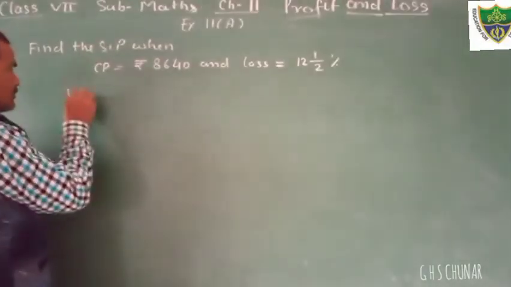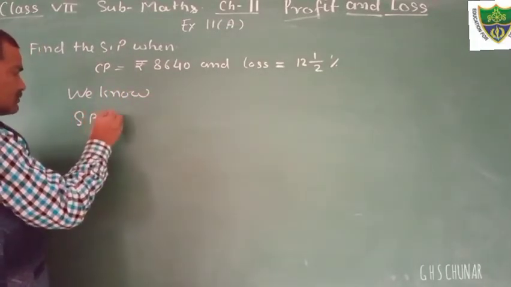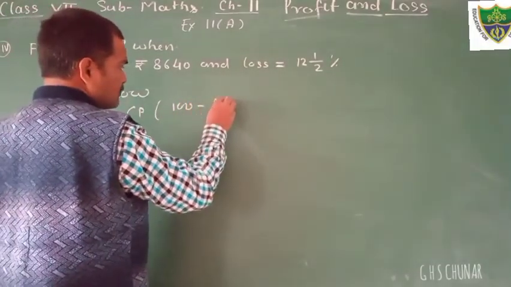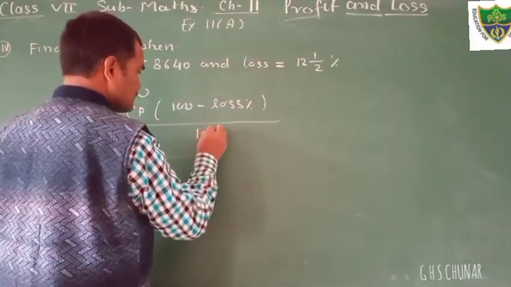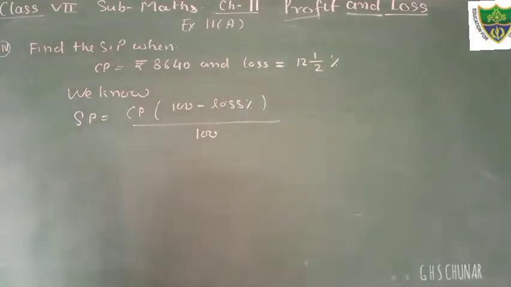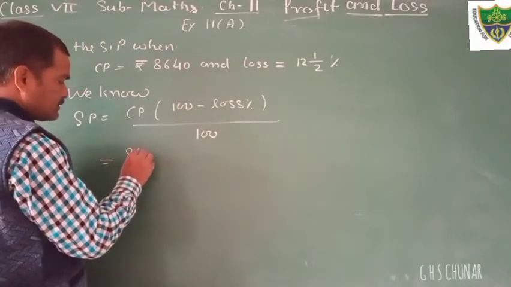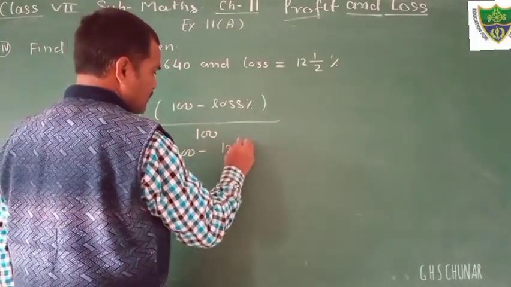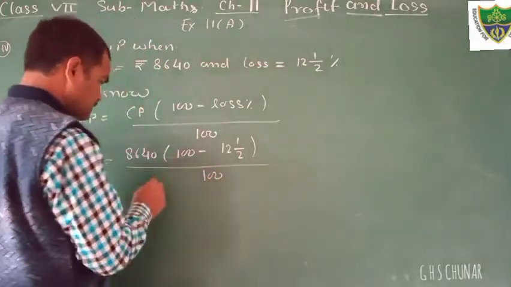Here we know SP is equal to CP into 100 minus loss percent, whole upon 100. Now you put the values of loss percent and CP in this formula, you will get SP as 8640 into 100 minus 12 whole 1 upon 2, whole upon 100.